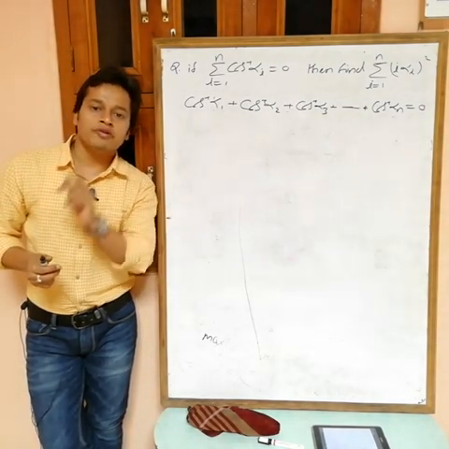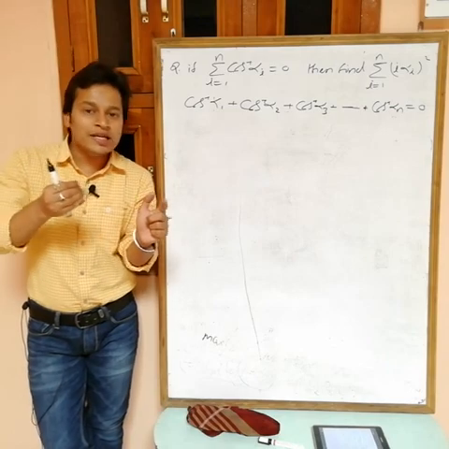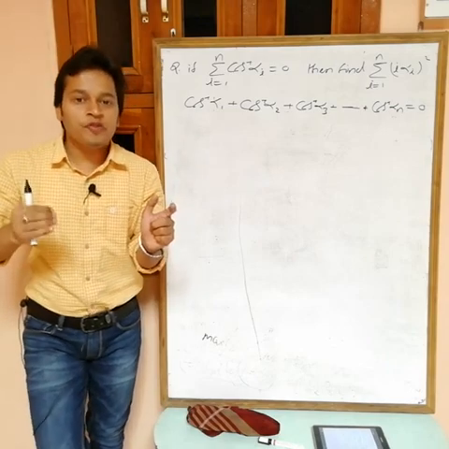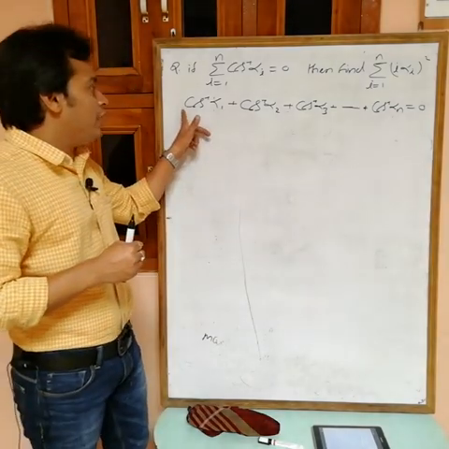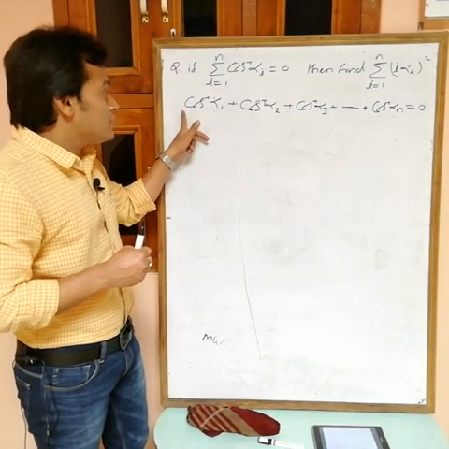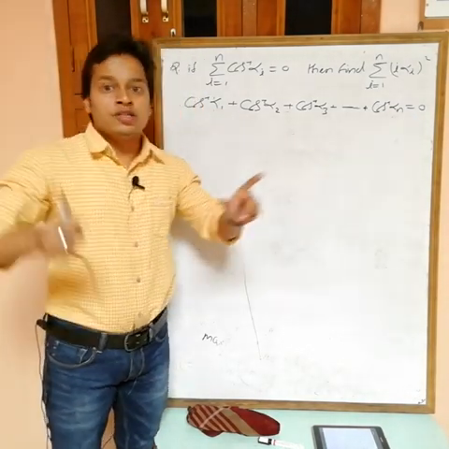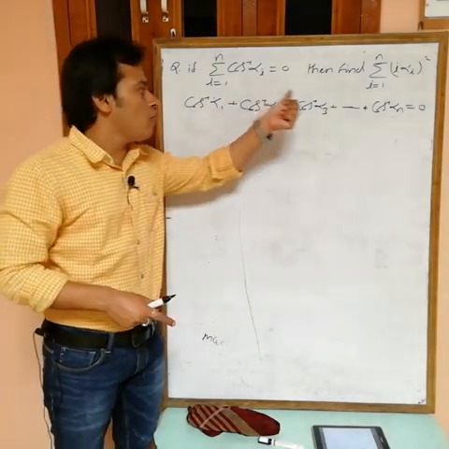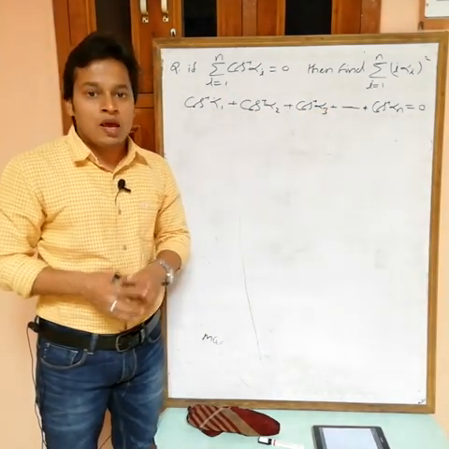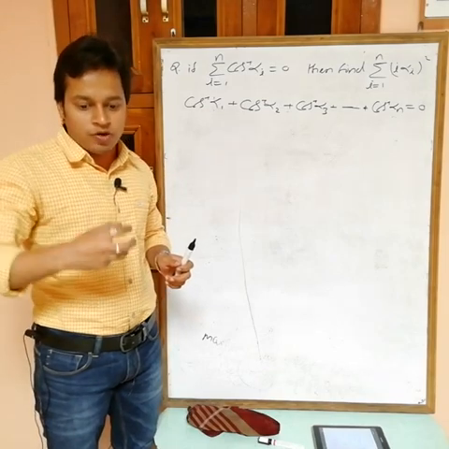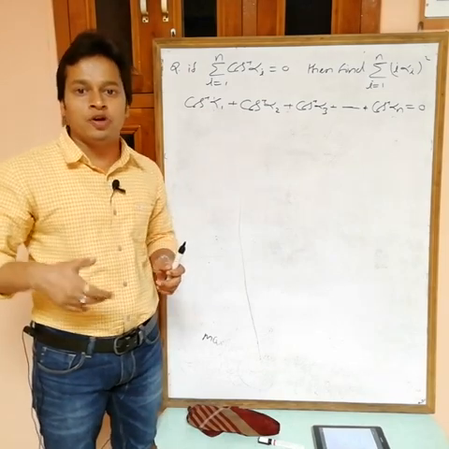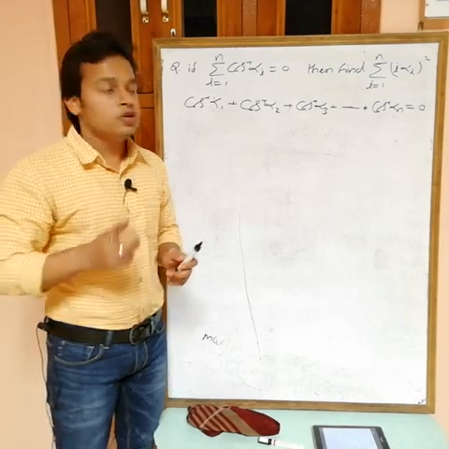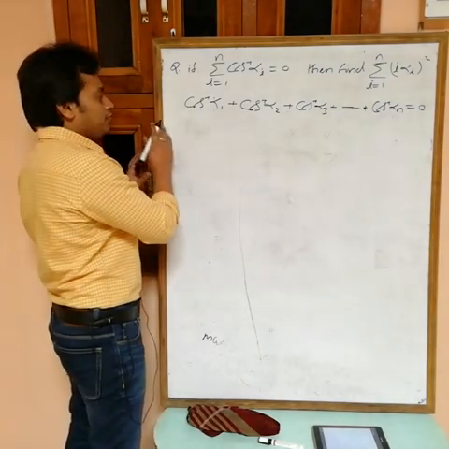The range of cos inverse is 0 to pi, so cos inverse can't be less than 0. The sum is 0 only when all these cos inverse are 0, because it is not possible that some are positive and some are negative.